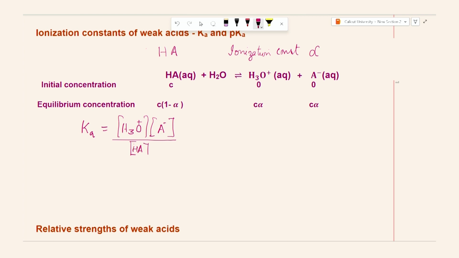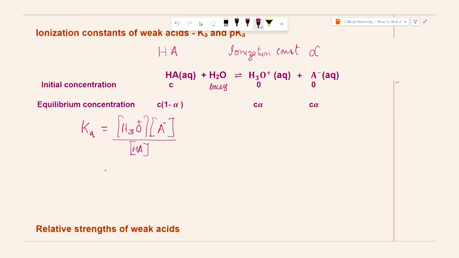Now, why do we take only HA but not water? Because water is taken in excess and the concentration of water is considered to be constant, and therefore Ka is given by the expression [H3O+] into [A-] divided by [HA].